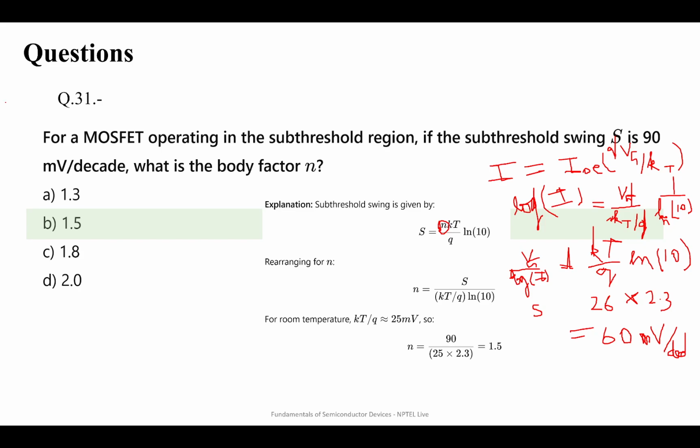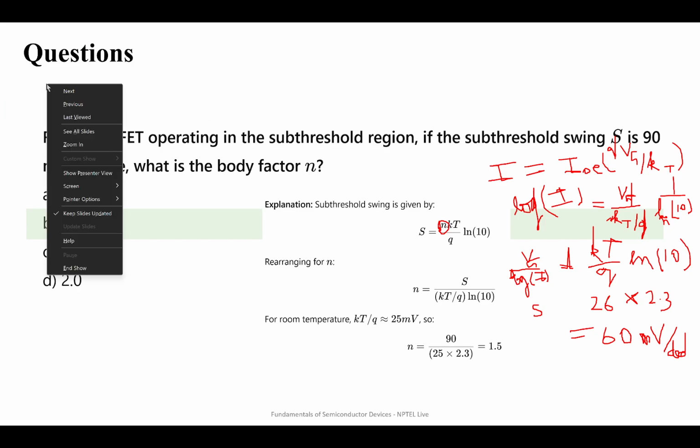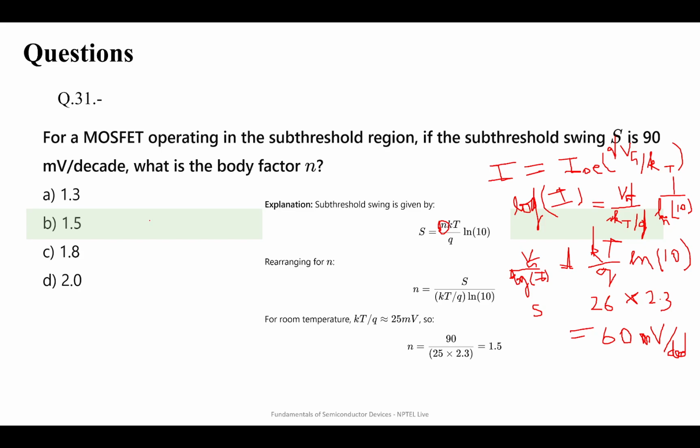Basically, if this is my VT, and let's say this is my ideal case, then if my subthreshold swing is 90, I will get something like this.